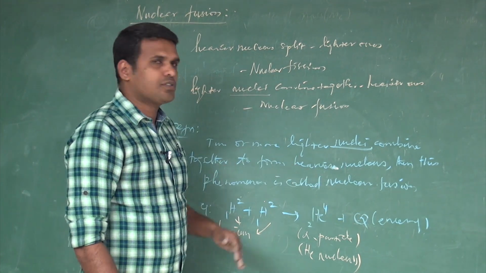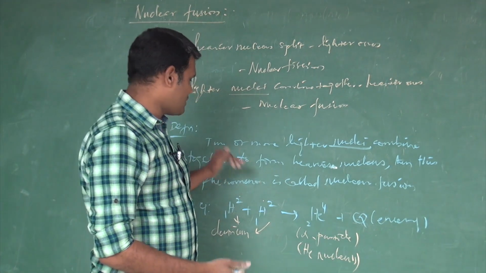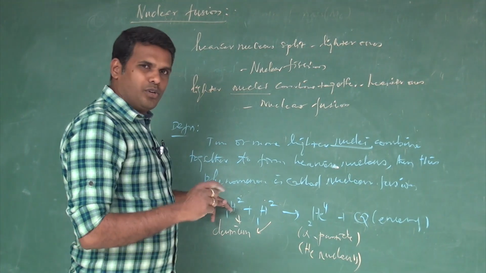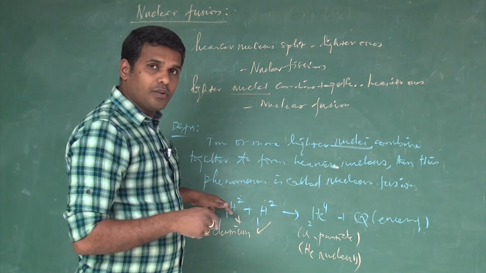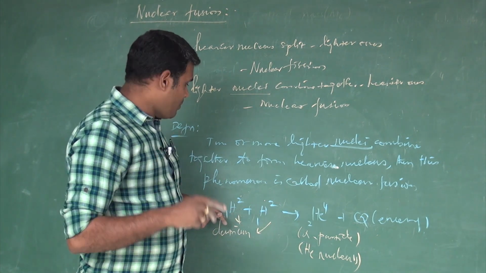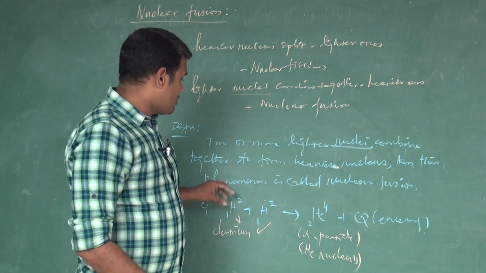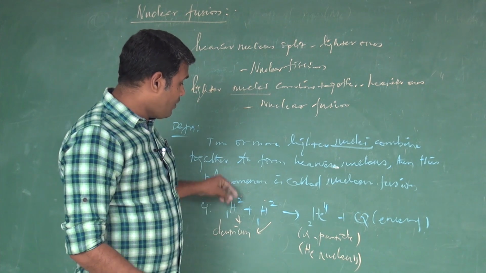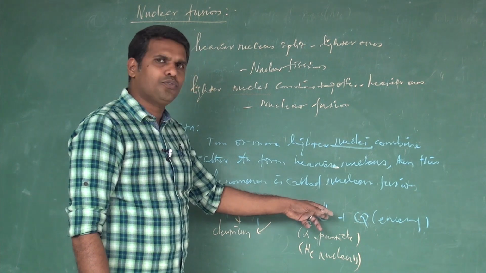A typical example for a nuclear fusion reaction can be discussed here. What is deuterium actually? Deuterium is an isotope of hydrogen, a lighter nucleus, which has one proton and one neutron. Here also one proton and one neutron. So these lighter nuclei fuse together to form a heavier nucleus, as I have mentioned, He-4.